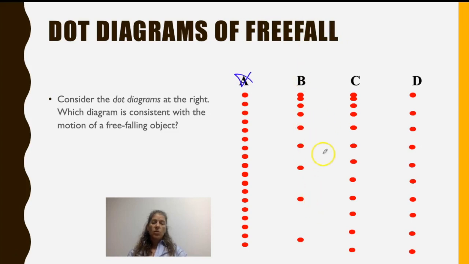This one is showing increasing speed down, right? So that's possible. So this looks good. This one shows increasing and then it looks like it's constant. That's not possible. And this is constant but with bigger gaps. So the only one that's possible is this one.